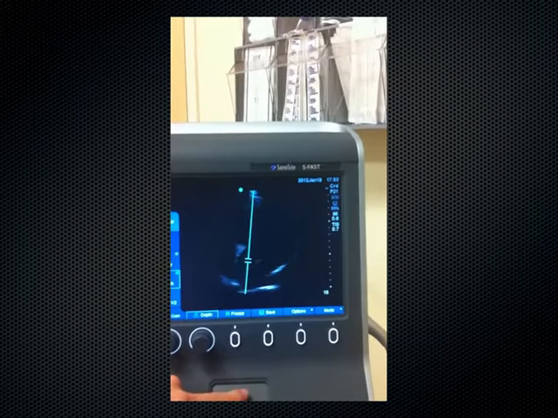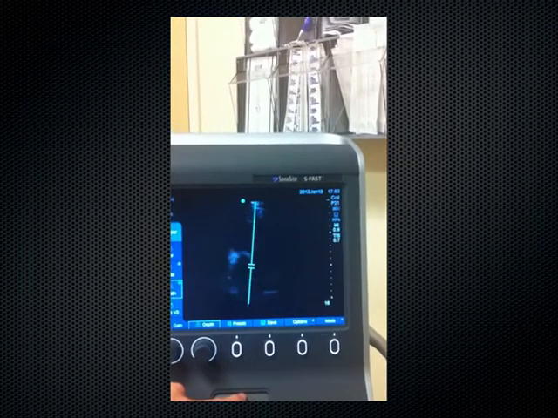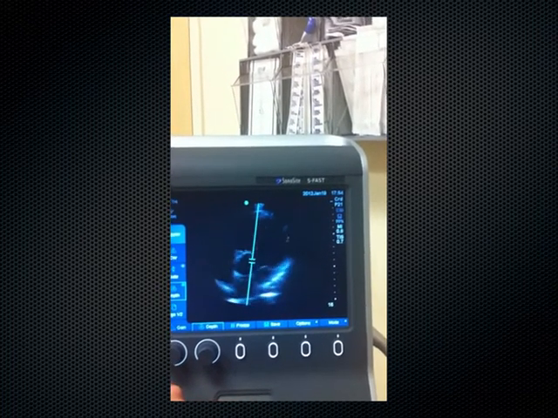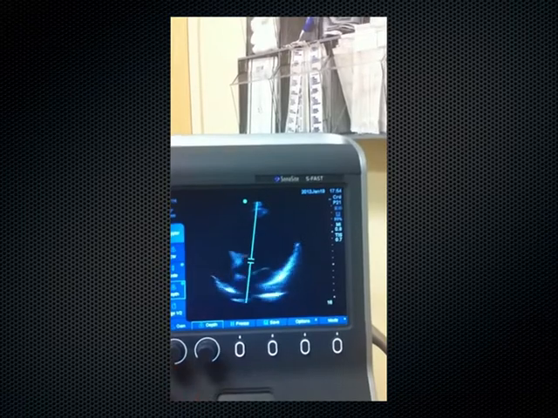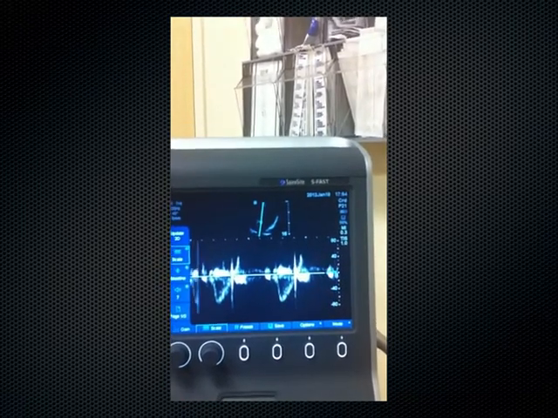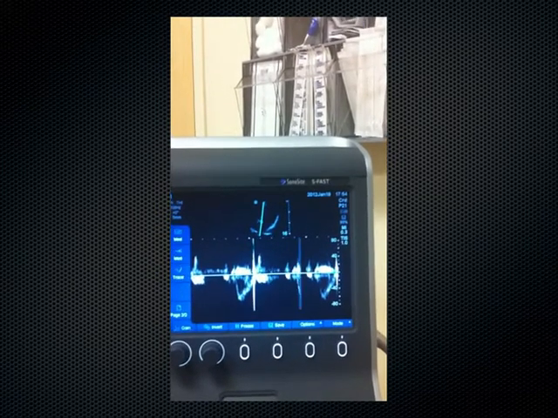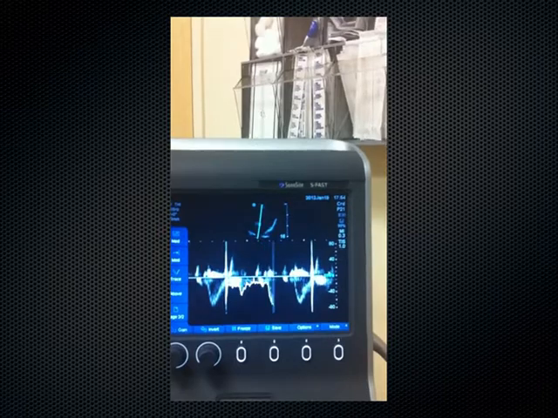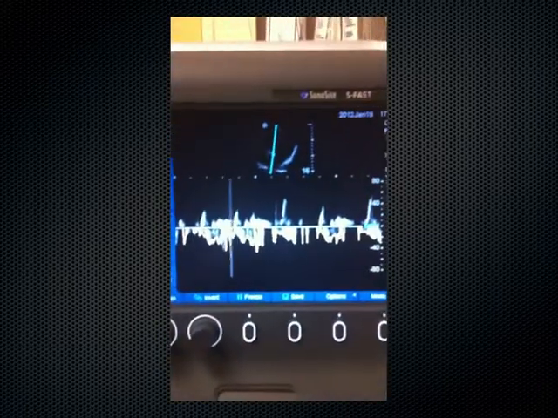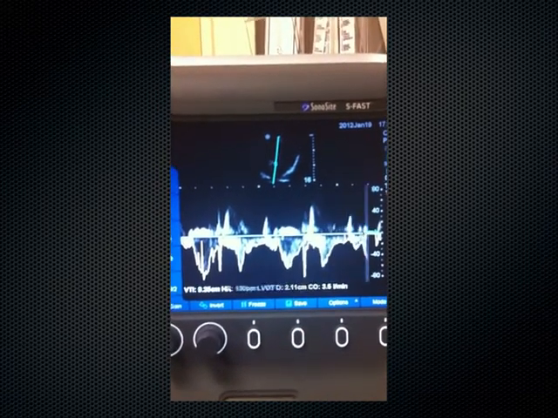Around right here, just where the valves are. It's good. And we'll hit that again. Page 2. Trace. Let's do a retake of that.